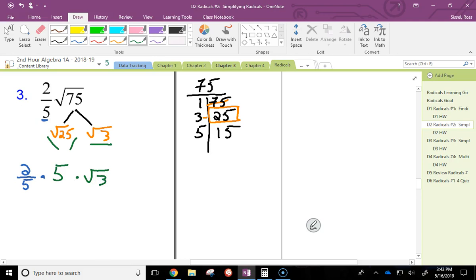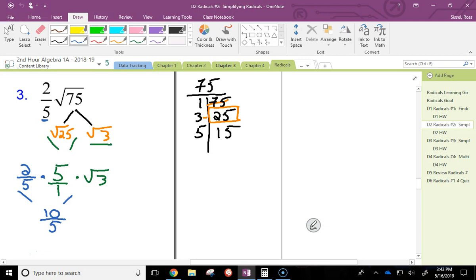And now since this is a fraction, I'm just going to make 5 over 1. Remember, anything over 1 is the same. When I multiply across, 2 times 5 is 10, and 5 times 1 is 5.